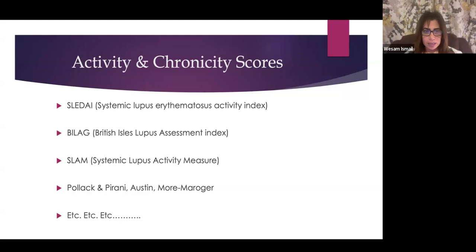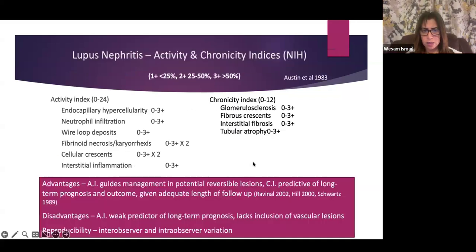So we always had the trials and the different classifications and the modifications of the classifications. And we also always had trials at different activity and chronicity indices. As you can see, we have the SLE, we have BILAG, we have SLAM, we have the Pollack and Pirani, Austin, Moore, etc. There are so many attempts for activity and chronicity scores.